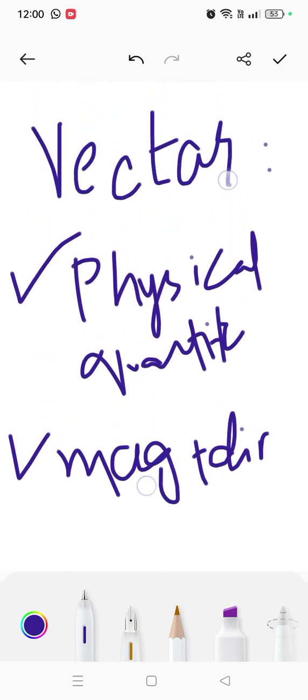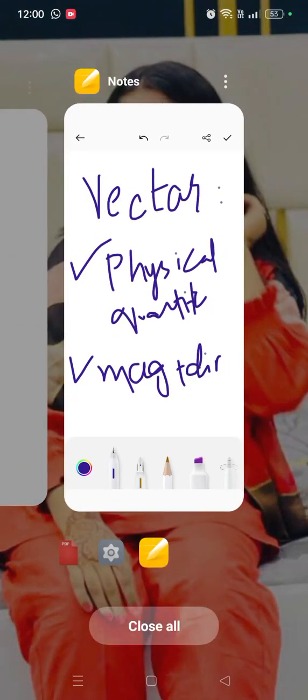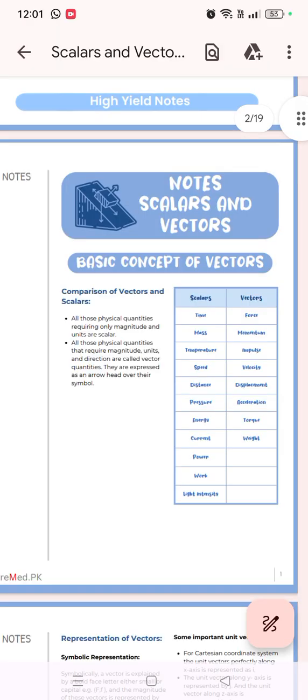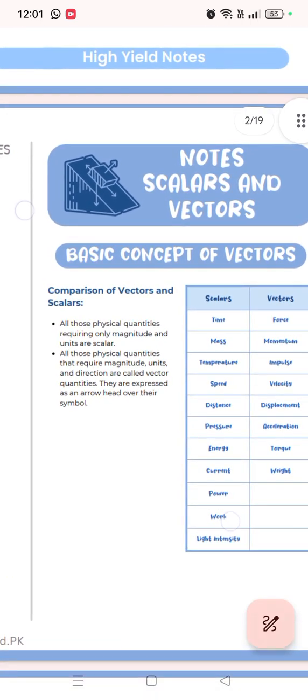What exactly representation is, is not very important to discuss right now, because we'll continue with the PDF, here are our notes. We are going to discuss scalar and vector right now. Other things like representation of vector, analytical and graphical representation, we'll discuss later on.